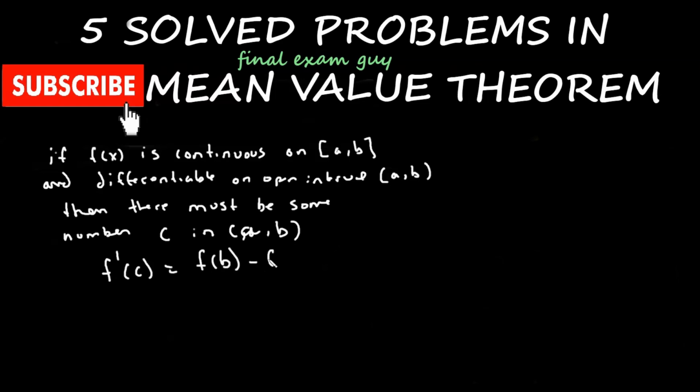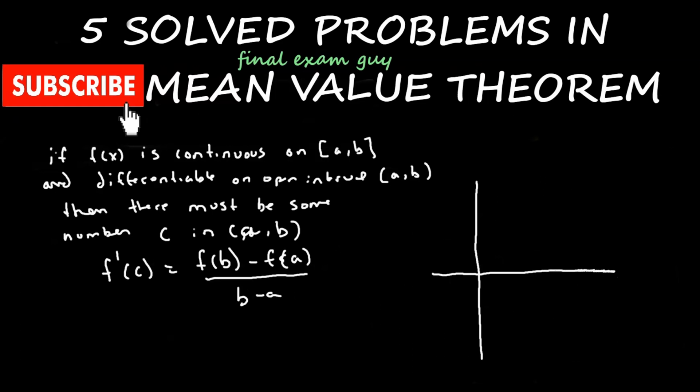Now, this is not easy to explain in this formula, so we'll draw a nice graph and see what that means. Alright, if I have interval a to b, and my graph is continuous on a to b, so let's say it looks like this, from a to b.